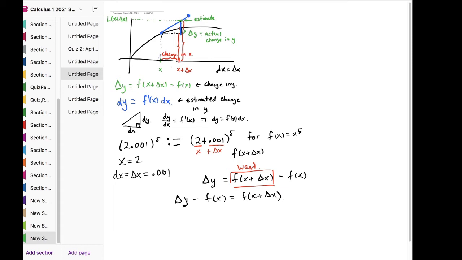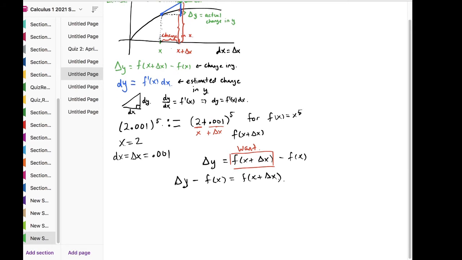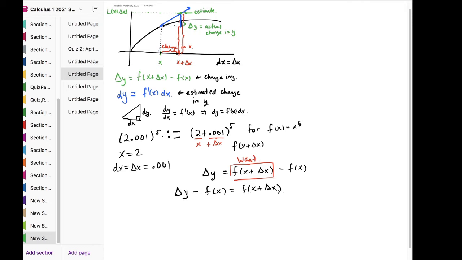Do we know what delta y is? So remember, I'm using this formula here. Without a calculator, do you know what delta y is? We don't know. That's the whole problem, right? We don't know how to calculate delta y.